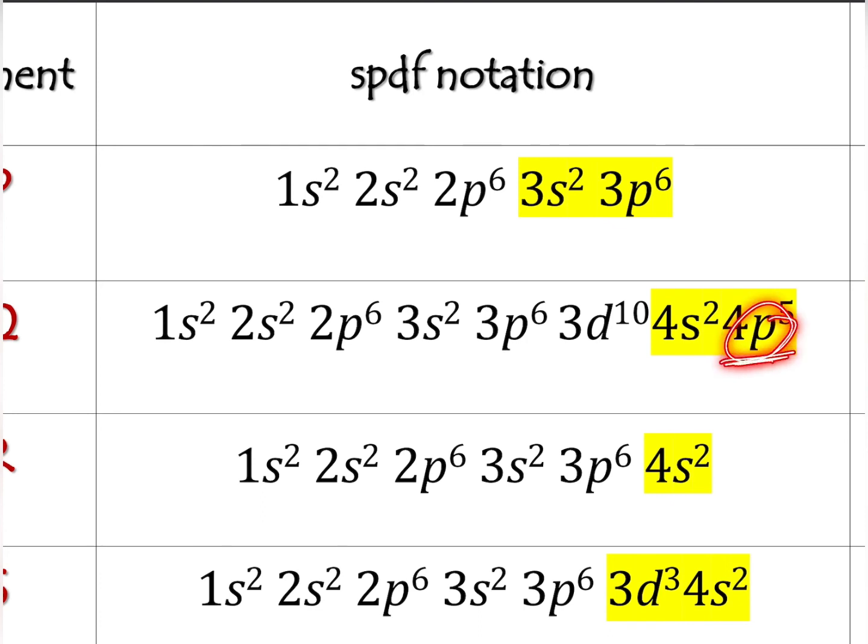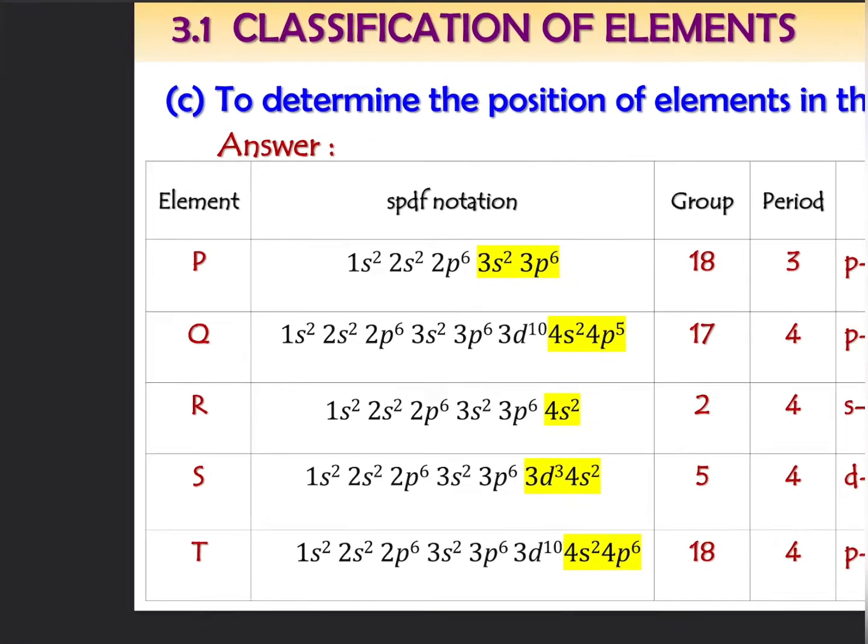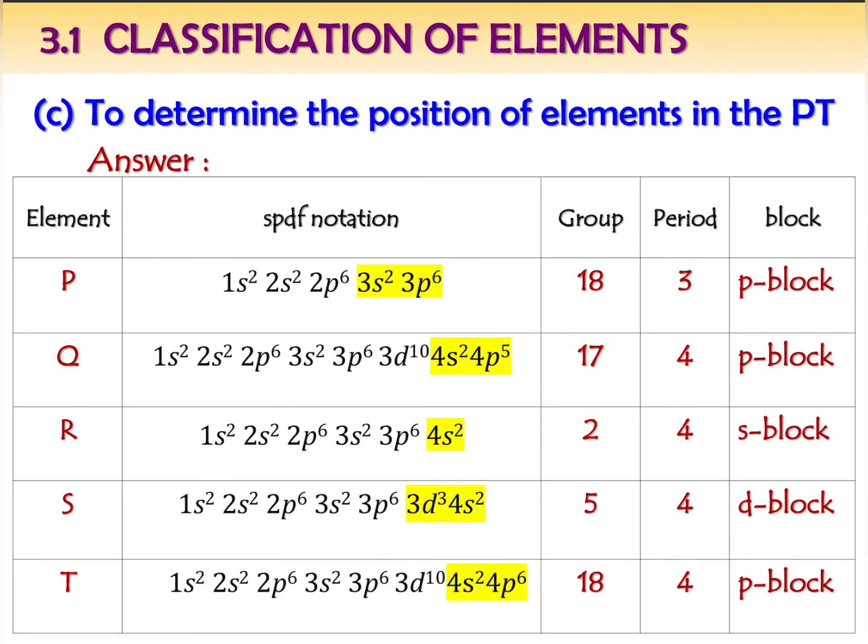Since dia adalah P block, ingat P block 7 kena tambah dengan 10, dapatlah 17. So untuk elemen R sama jugalah, ni adalah S block. Dia punya period, referring to the highest principal quantum number, highest N. And then group is 2.